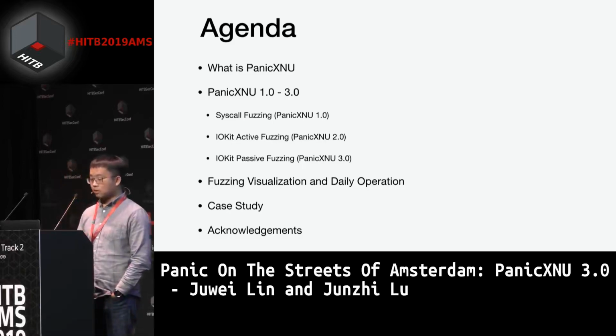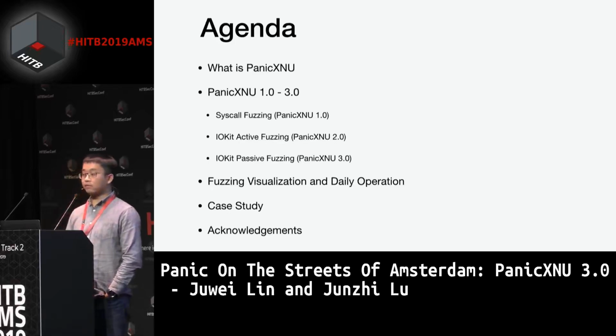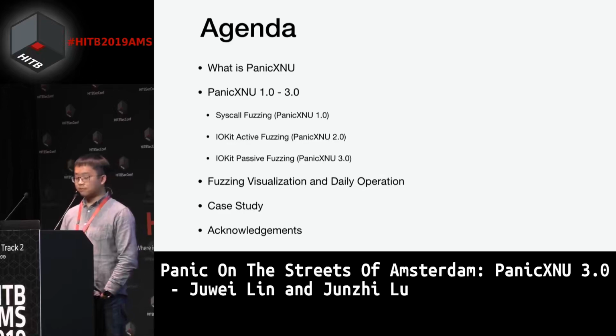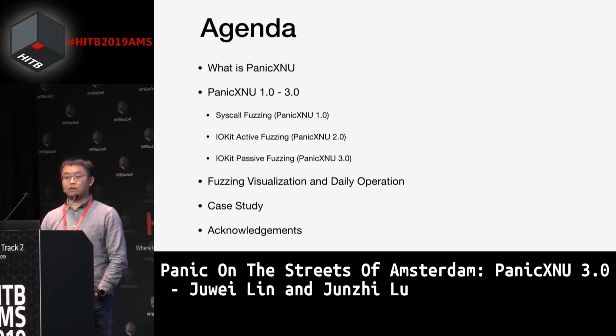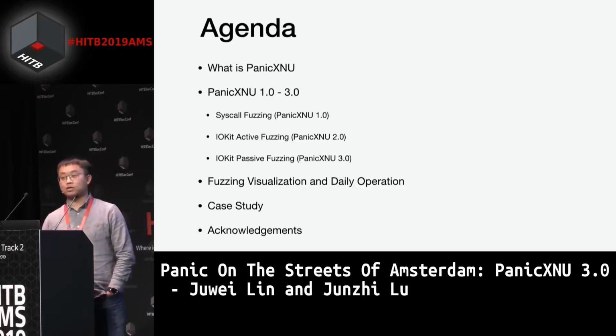Version 2 is the LKit active fuzzing. Version 3 is about passive fuzzing. Next, my colleague Junzhi will introduce the fuzzing visualization and the daily operation. And in the last part, if we have enough time, I will share some very simple case studies.